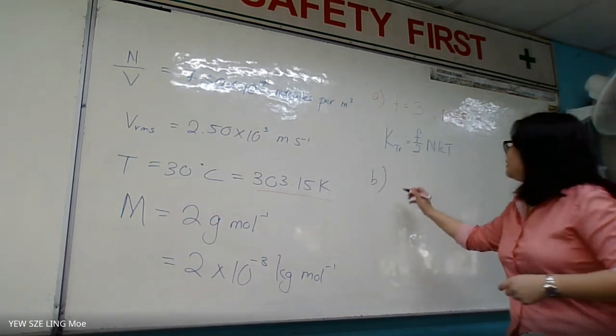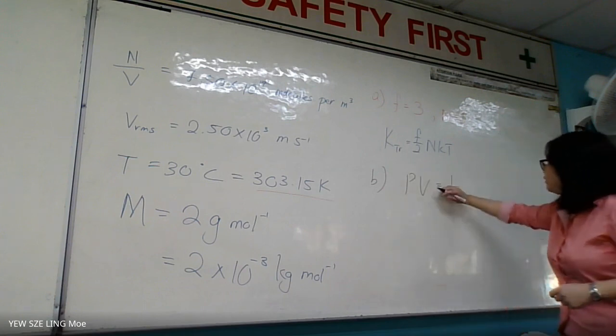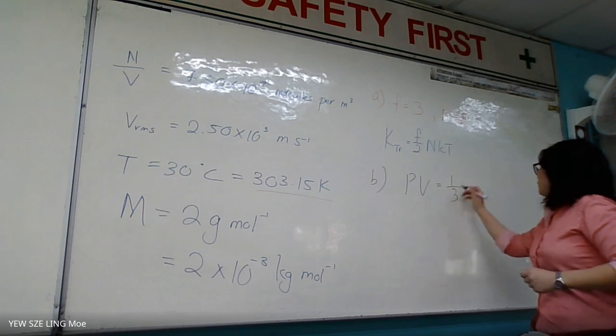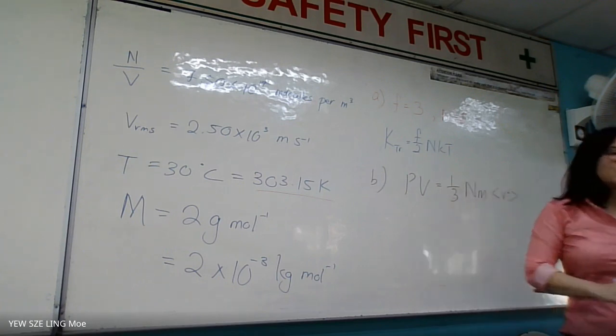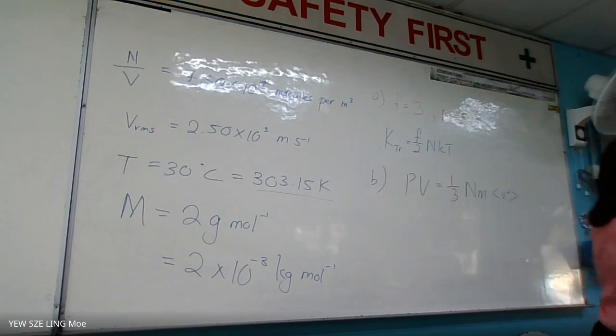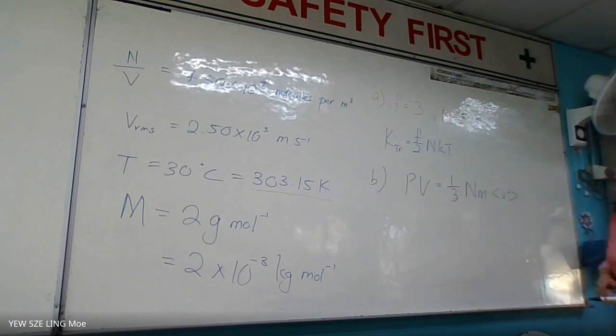Which is PV equals 1 over 3 N m times the mean square speed. All right, so this is another equation that can be used to determine pressure other than PV equals nRT. PV equals 1 over 3 N m v squared.